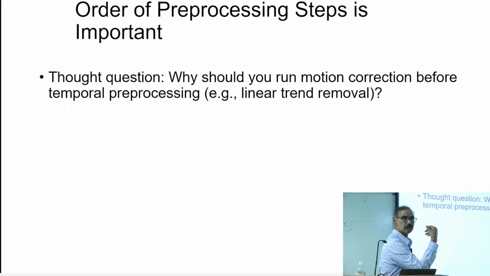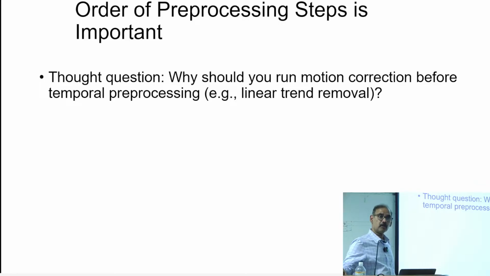Because the trend could be a byproduct of head motion, right? So you first do the motion correction. After motion correction, if there is still a trend, then you use trend removal.